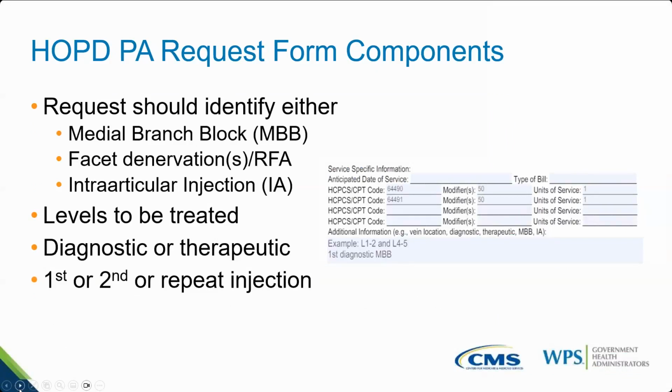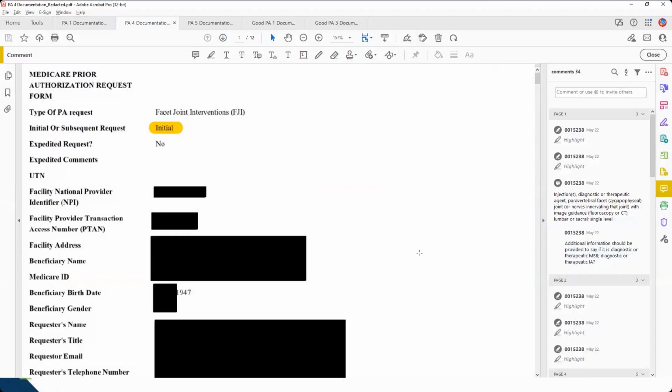Without that information in the documentation, if it's going to be MBB, if it's going to be IA, if they've moved on and they're planning on an RFA, if it's diagnostic, if it's therapeutic, etc.